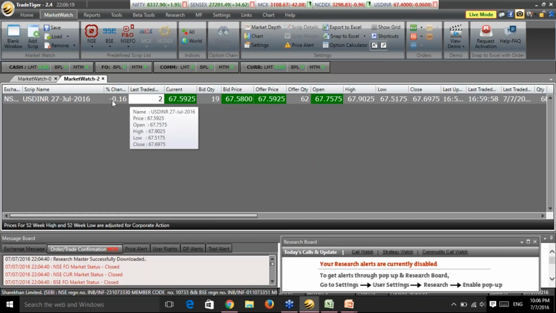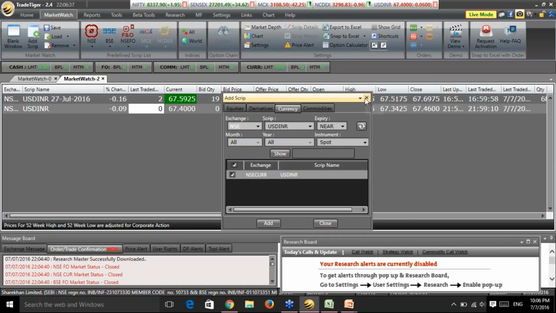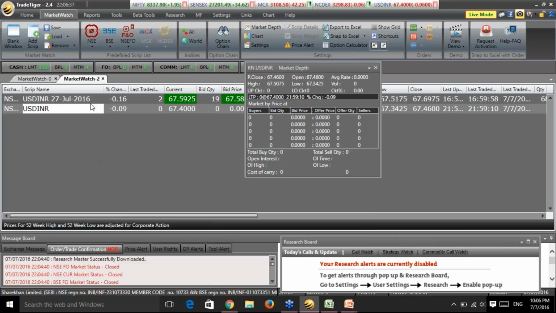I'm not getting an option chain here. Script, currency, expiry near, futures. I guess I go to spot here, show, sell by USD INR. Now I got the spot.